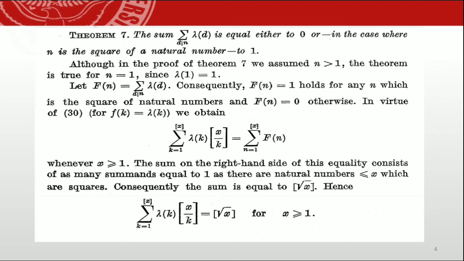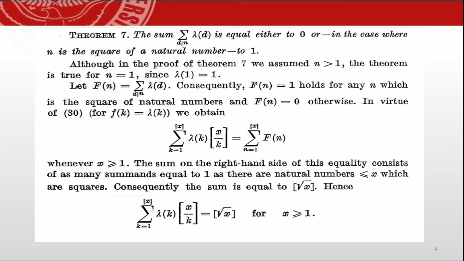Let f(n) be equal to the summation of λ(d). Consequently, f(n) is equal to 1 for any n which is the square of a natural number, and f(n) is equal to 0 otherwise. In virtue of (30), for f(k) equal to k, we obtain this formula.